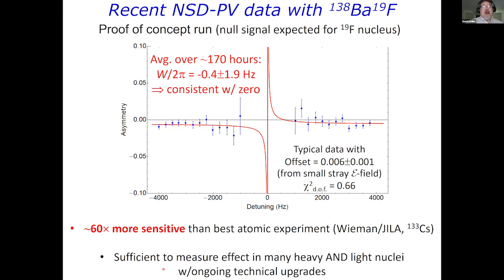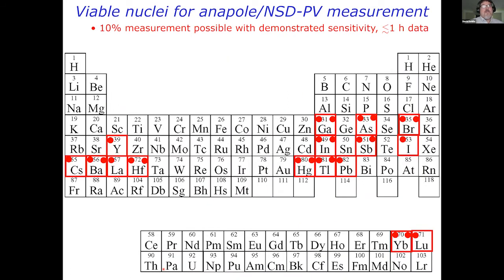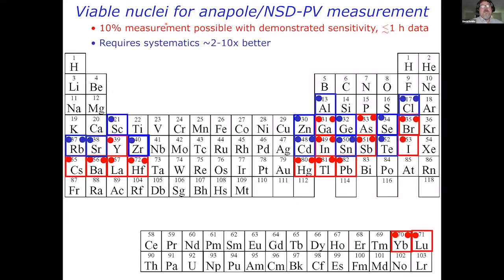And just to give you a sense of how powerful this is, with molecules containing all the nuclei in red here, we should be able to make a 10% measurement with less than an hour of data with the improved molecular beam source. The ones in blue with the same statistical sensitivity, we would be able to do better, but require control over systematics.